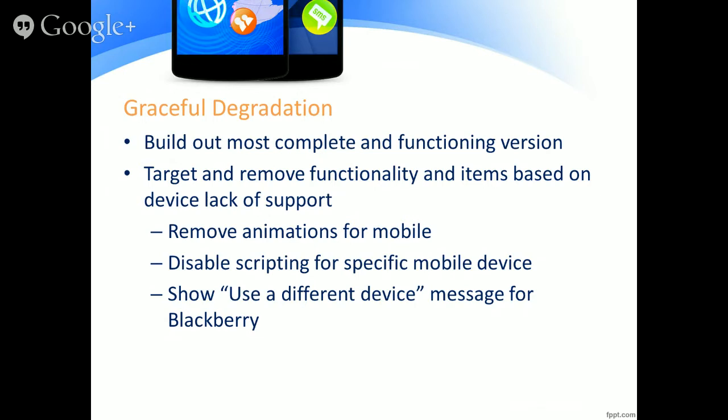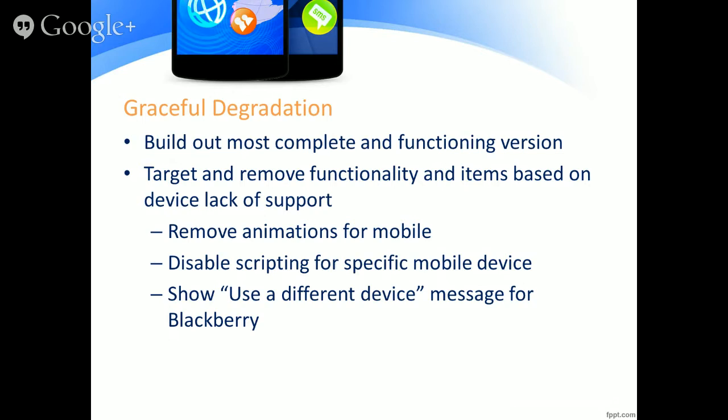Or you're saying, I want to support certain mobile sites or certain mobile devices, and for Android I can do this, for iOS I need to do this. So you're actually toggling the functionality and removing it from your website as opposed to adding it in to allow the experience to be fluid across all the devices.